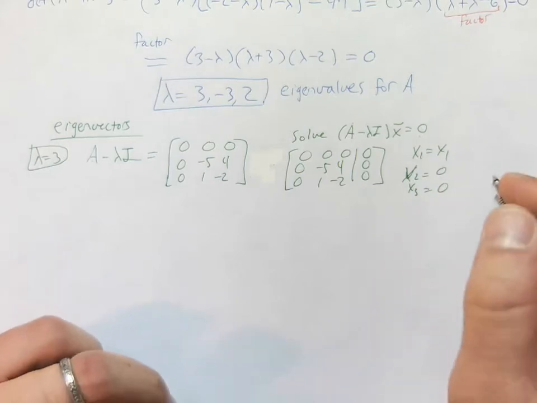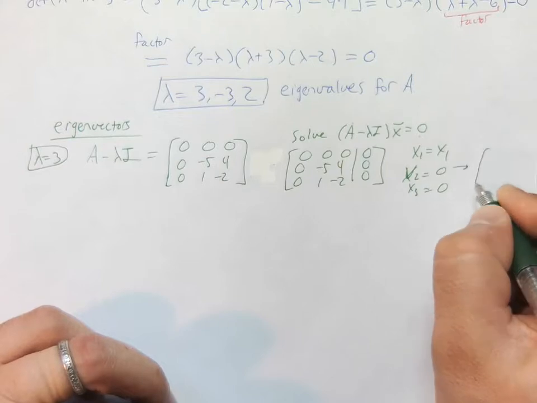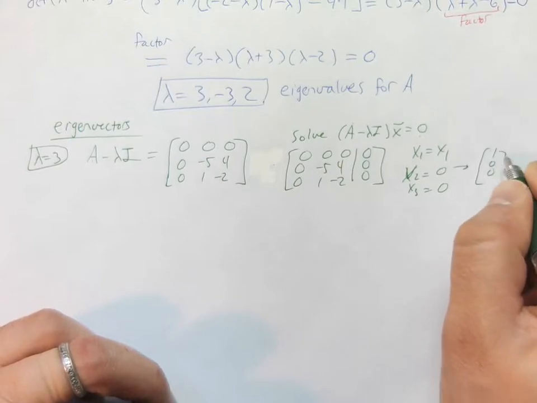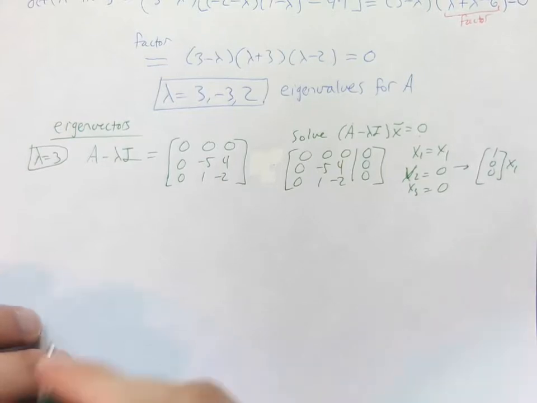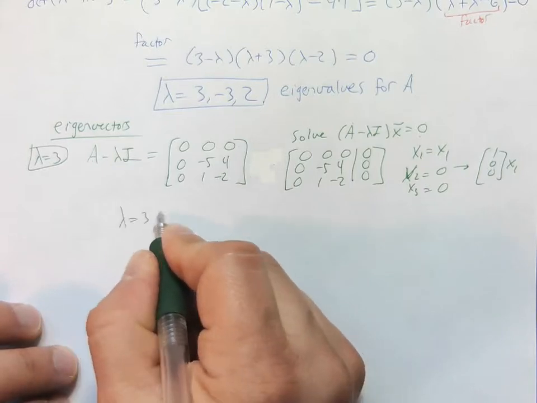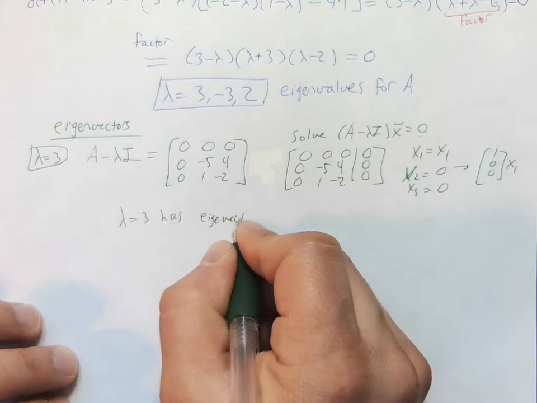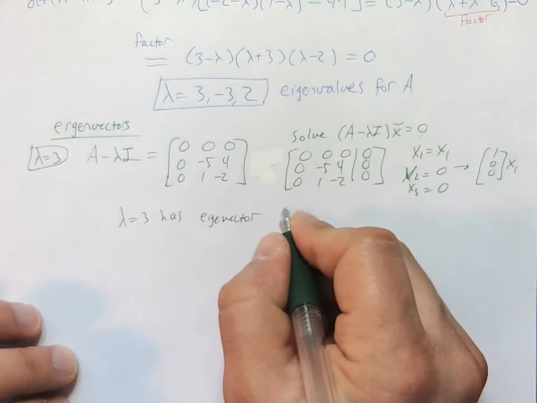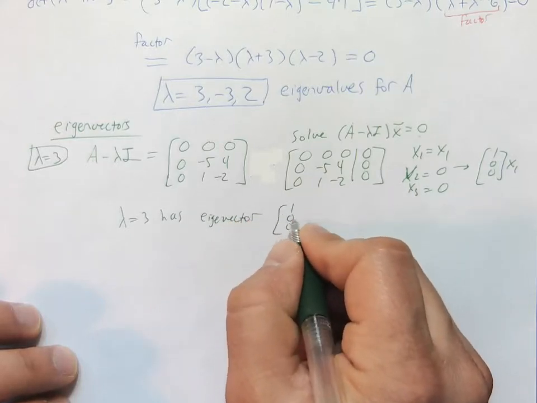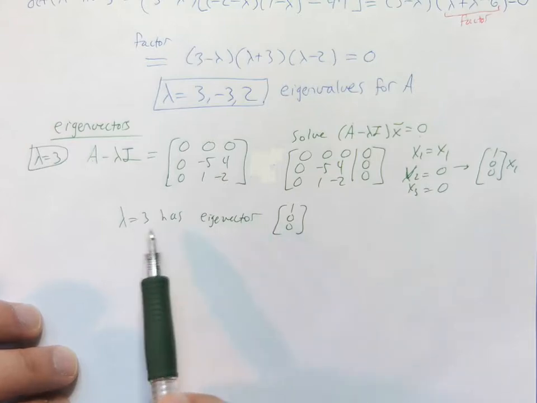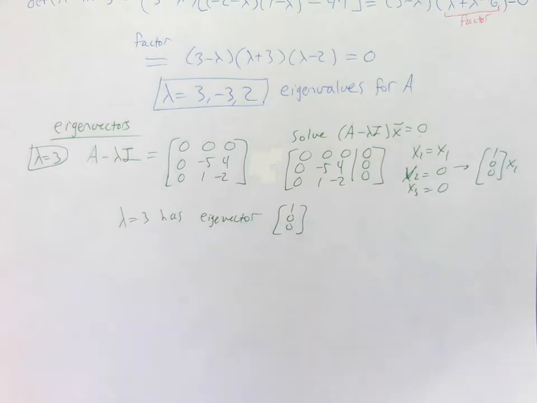And so this has the solution 1, 0, 0 times x1. That means lambda equals 3 has eigenvector 1, 0, 0. So that's the eigenvalue-eigenvector pair.